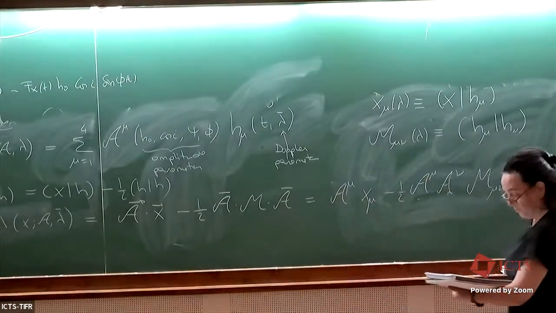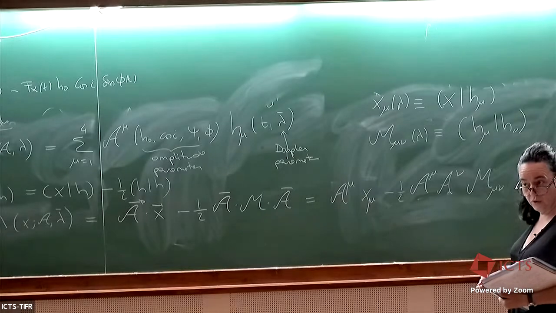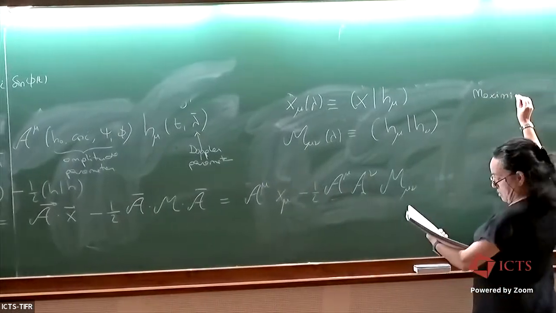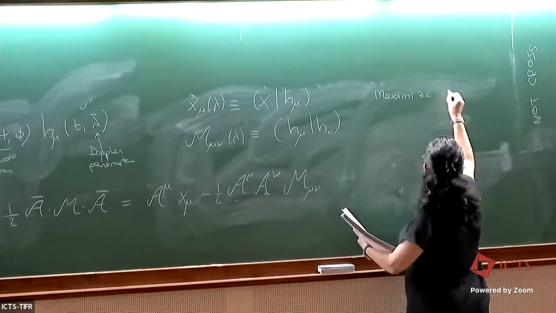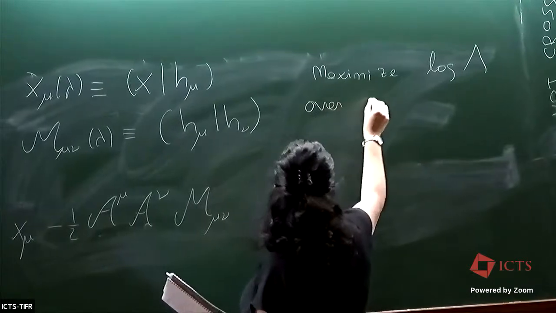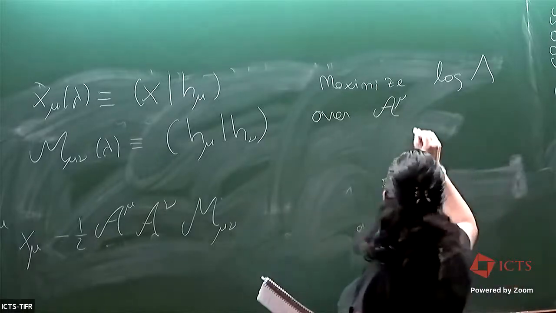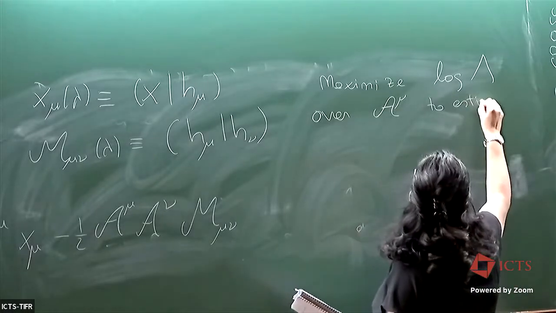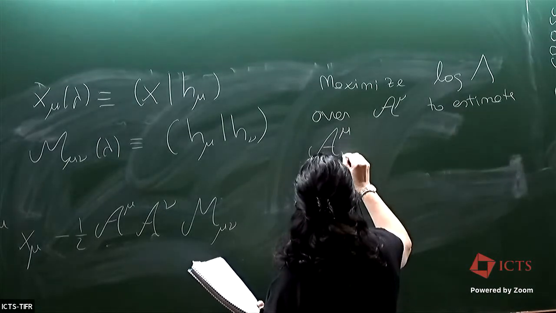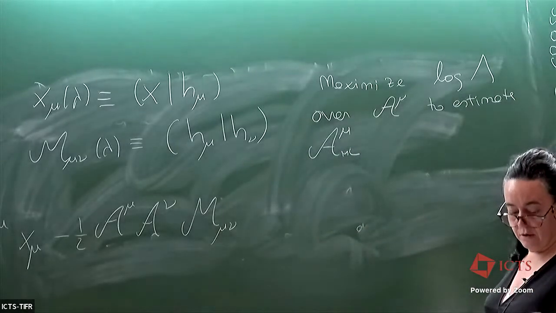So basically, we can try now to maximize, and this is an exercise for you to do in the tutorial session, the log of the likelihood over the amplitude parameters in order to estimate the maximum likelihood estimators from the data.